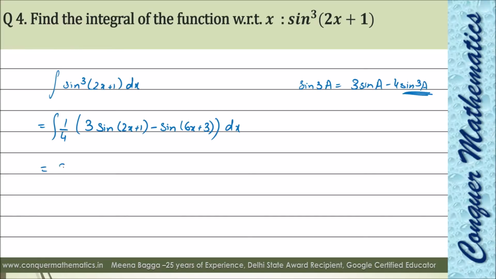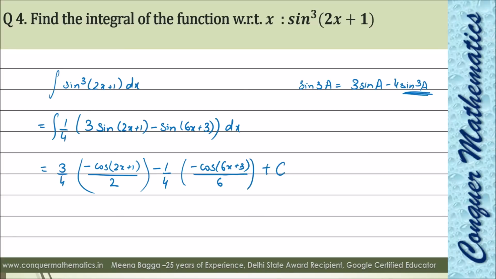Again we can easily find: 3 by 4, constant for this, integral of sine 2x plus 1 will be minus cos 2x plus 1, and derivative of 2x plus 1 is 2. Okay. Minus 1 by 4, integral of sine 6x plus 3 will be minus cos 6x plus 3, and derivative of 6x plus 3, that means 6, we will divide by this.